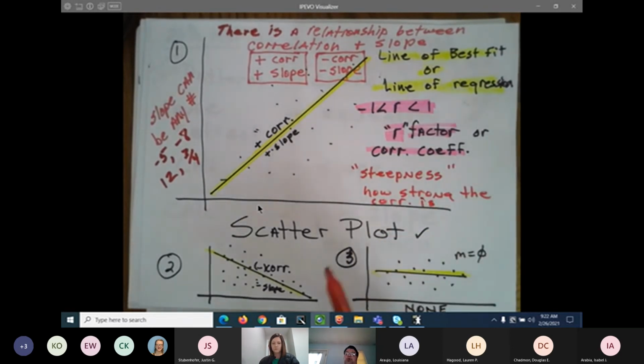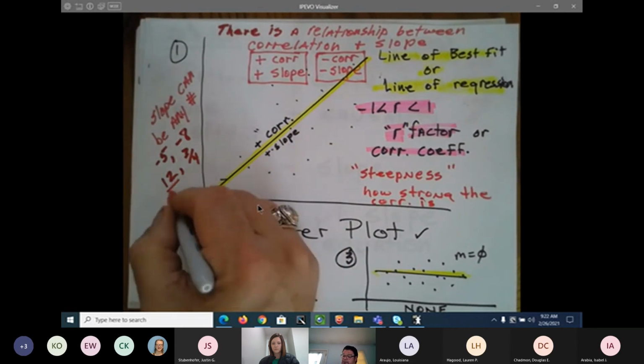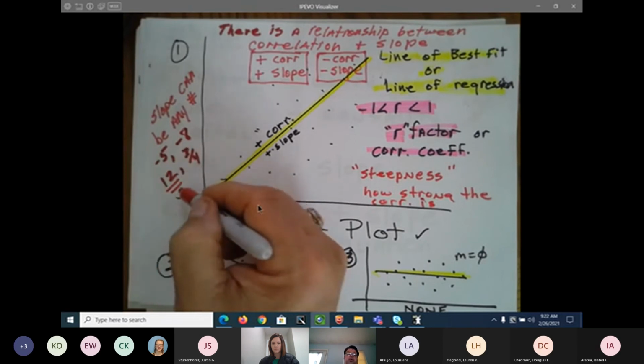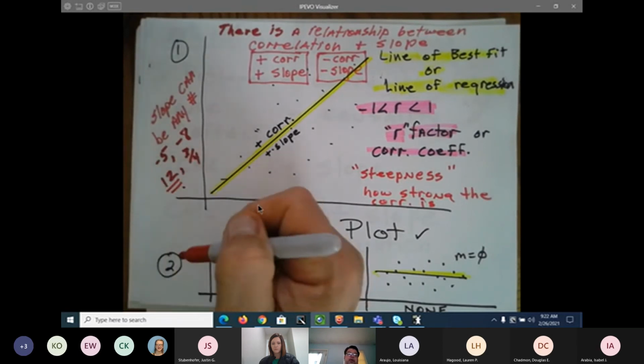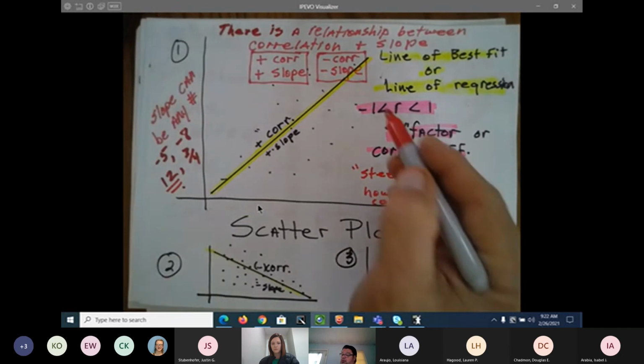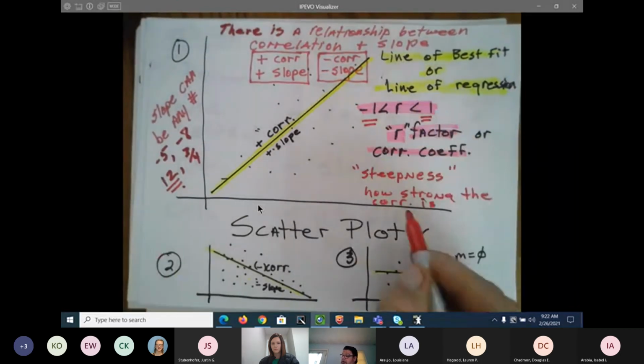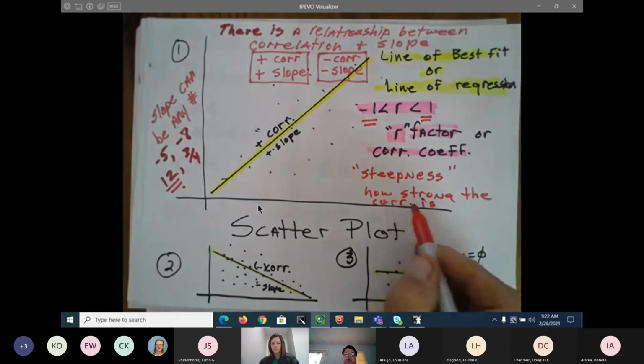So with slope, the steepness increases as the number increases. The most steep line here is the slope with 12. Whereas the closer you are to -1 and +1, that shows how strong the correlation is.